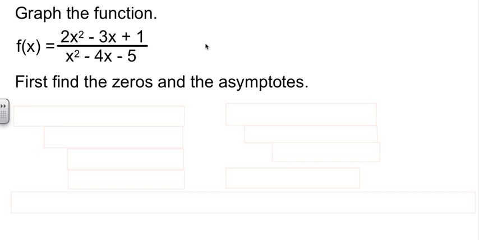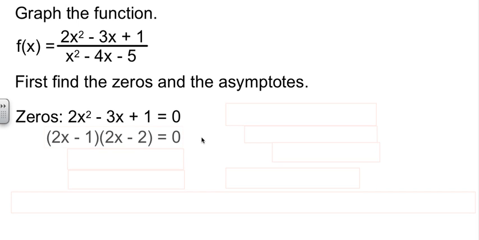Okay. So our job is to graph this function. And like I say, we'll use the calculators to do the heavy lifting for this. But we're going to need to find the zeros and find the asymptotes. Okay. For the zeros, you set the numerator equal to 0.